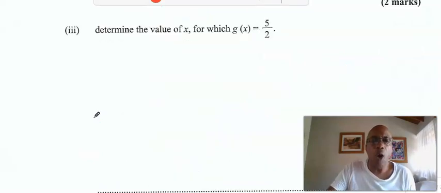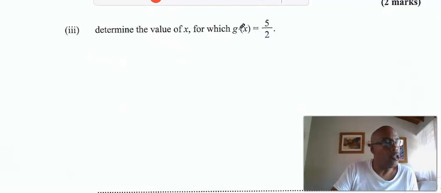So we move on to part 3, which says to determine the value of x, for which g of x equals 5 over 2. So this will be an equation, a simple equation. g of x we know is 3x over x plus 1.